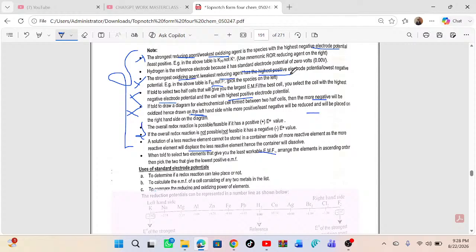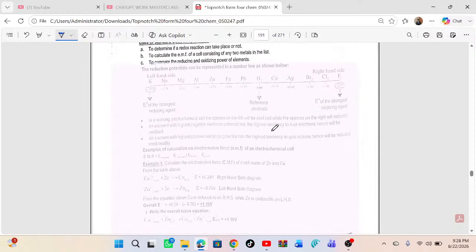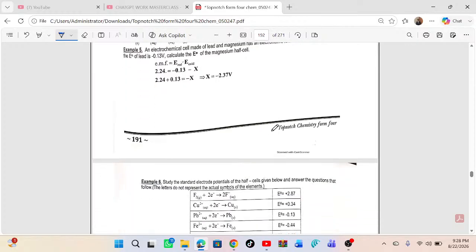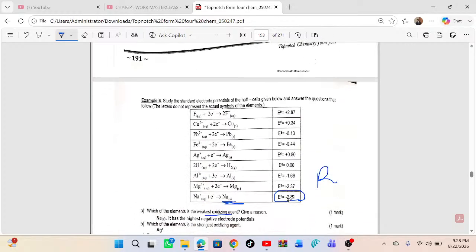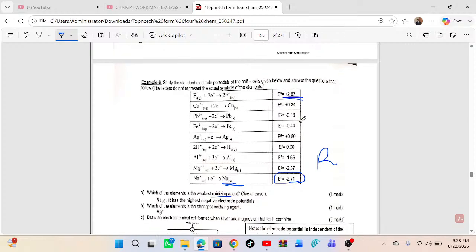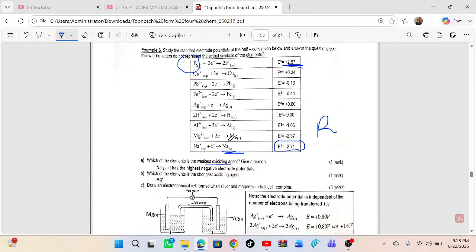We take the highest positive, but we take on the left. We pick the element in the left. So the highest positive gani ziko na positive mingi hapa? Ni plus 2.87 ndio iko highest. Then we take the element on the left. Gani iko left? Ni fluorine.